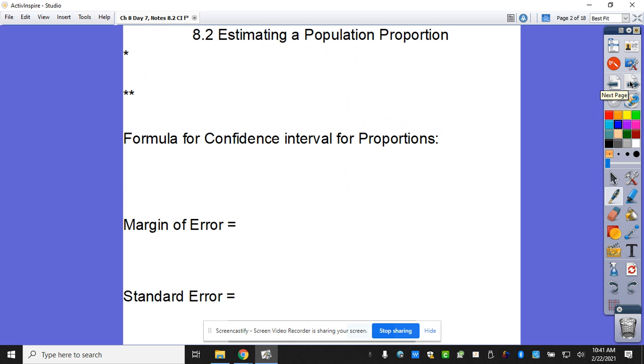All right, so the first bullet point on there is the first thing I talked about, that we never use t for proportions. Can you think of why we don't use t for proportions?